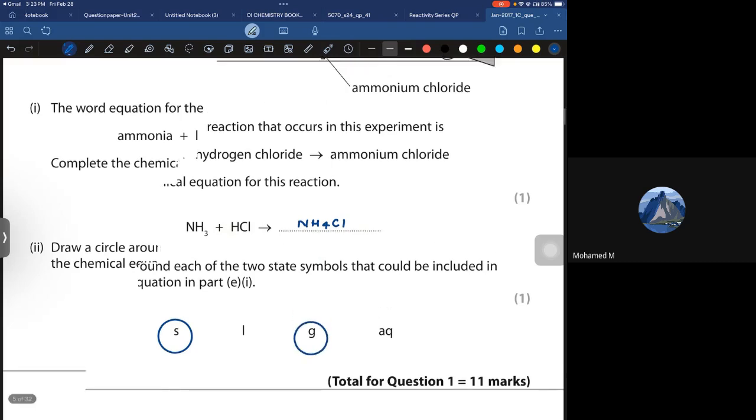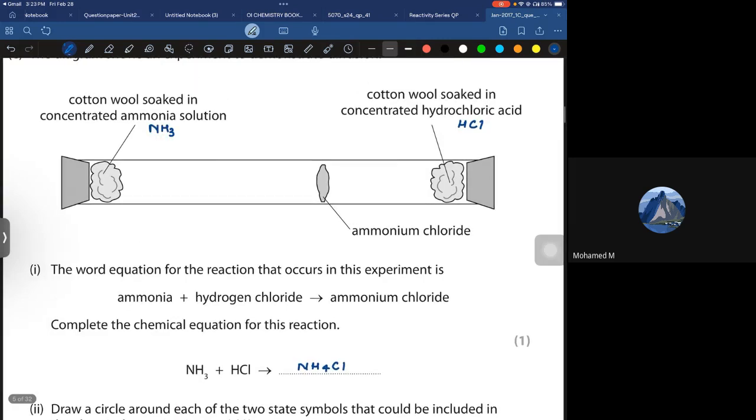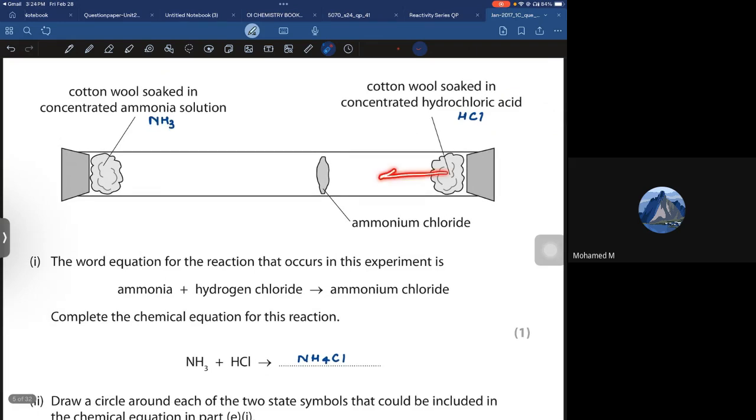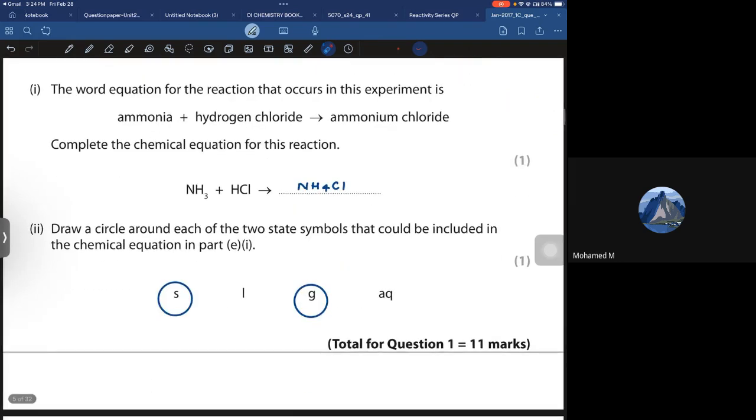They have written HCl, hydrochloric acid, but this is your ammonia as well. So when they are going to diffuse, they would be diffusing in the form of vapors, in the form of gas. So the gas and the solid are there, but there is no liquid and there is no aqueous basically.